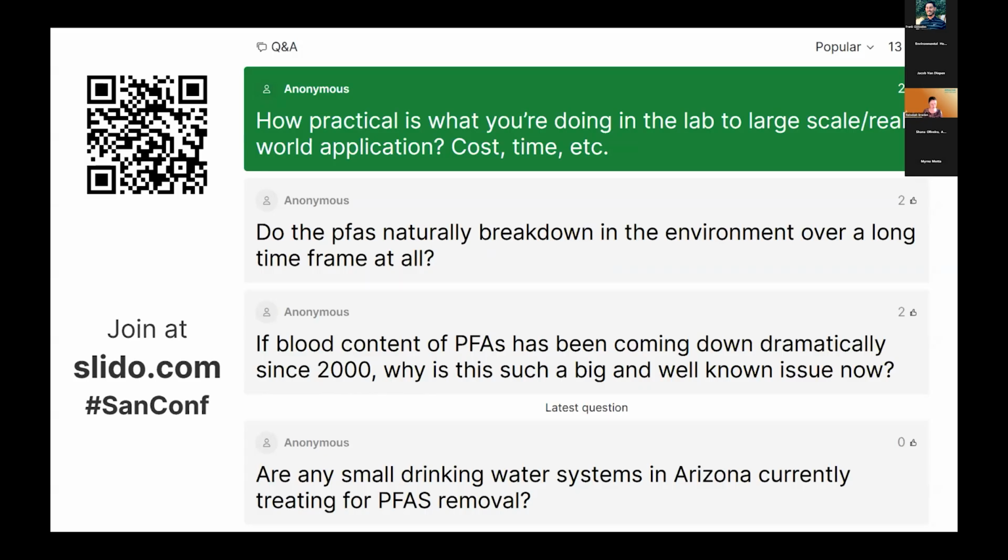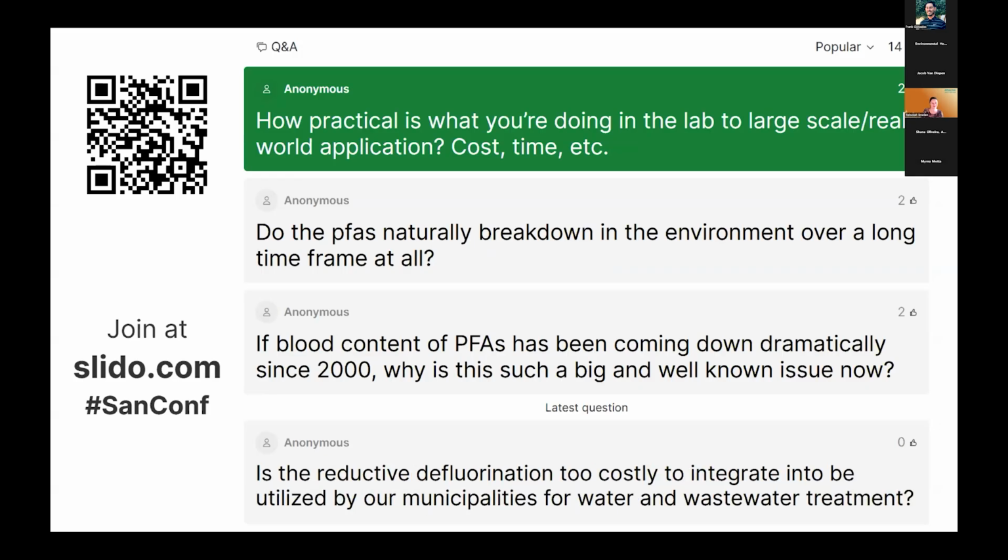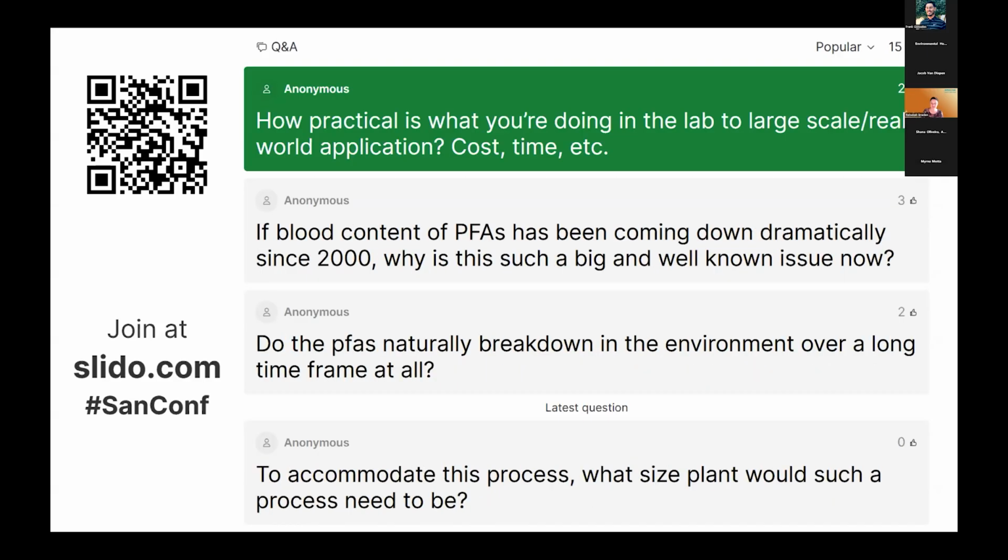We have a spin-out company from ASU that is working exactly for this kind of commercialization. So we're doing all the right things. It takes time. It's not going to happen overnight, but we are doing all the things we need to do to get there. And a big issue is cost. There's no doubt about it. And we've done some preliminary costing on this.